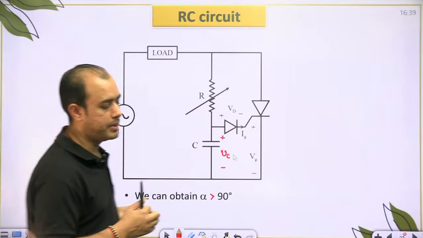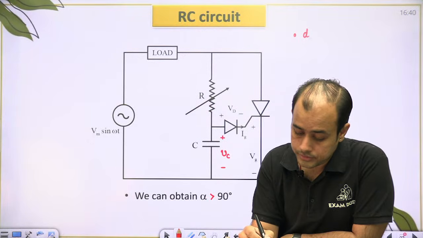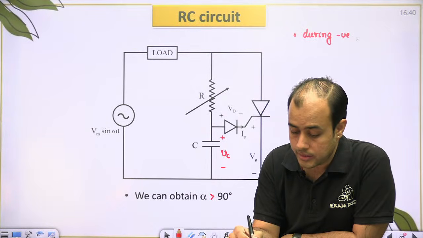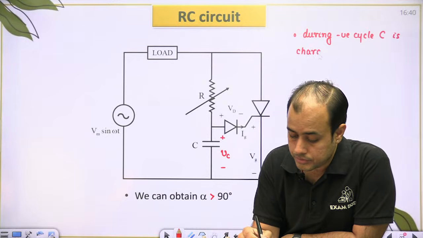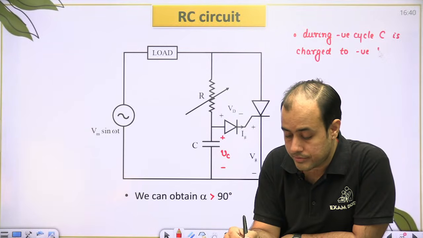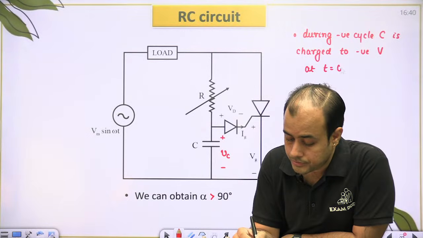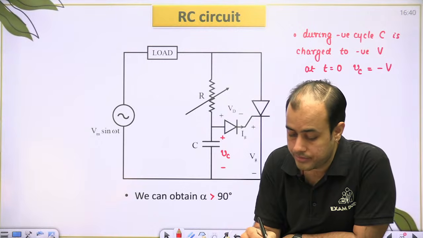ठीक है, तो बेसिकली what happens, during negative cycle capacitor is charged to negative voltage. ठीक है, तो at t equal to 0 capacitor voltage is minus.